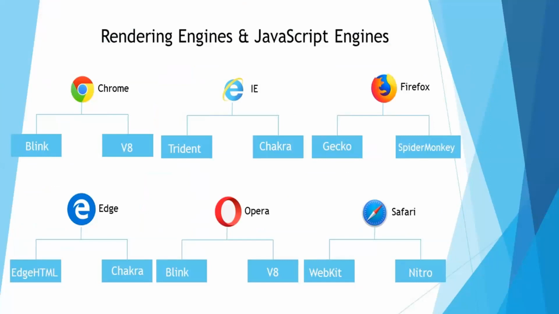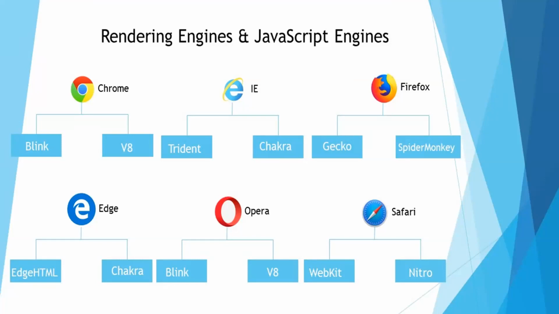Firefox uses an engine called Gecko and SpiderMonkey. Generally, JavaScript and HTML are translated in a browser by using these engines. In many interviews for freshers, they may ask you to name some browser engines responsible for translating HTML and JavaScript. These are all general browser engines.